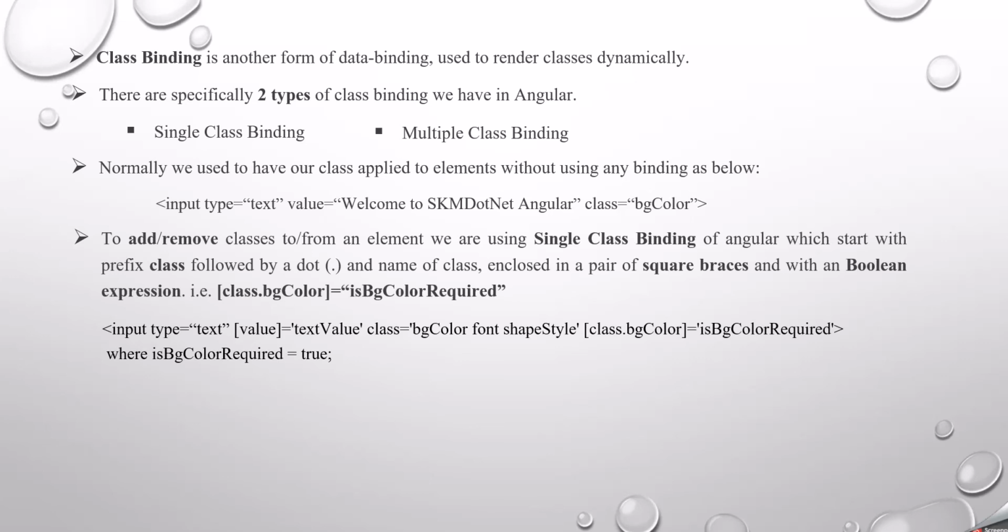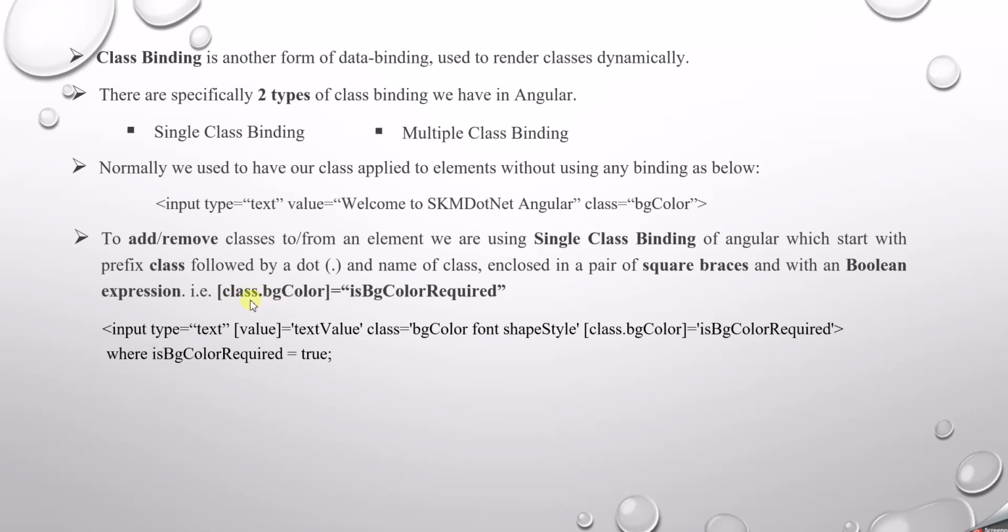How are we going to do that? Basically we need a boolean expression, and that can be done using single class binding. So what would be the syntax? It starts with the prefix class always, and no need to worry, I will show you. It starts with the prefix class, and it is enclosed in a pair of square braces like property binding. And the right side is a boolean expression, guys.